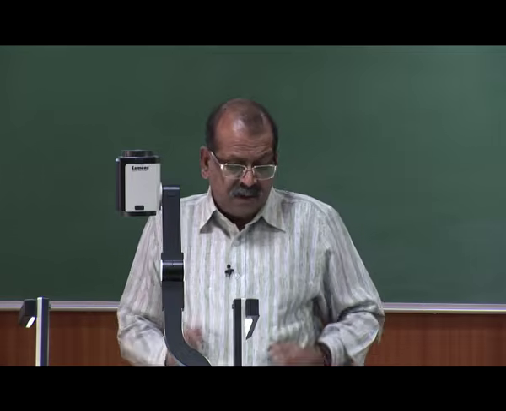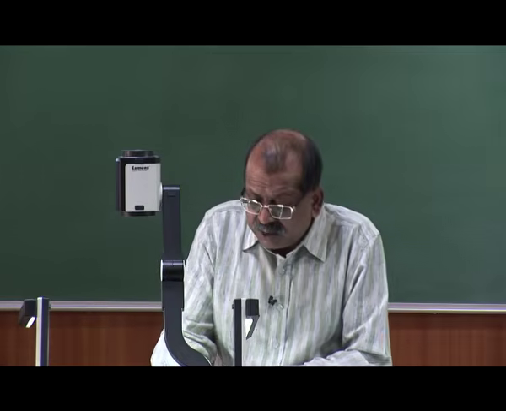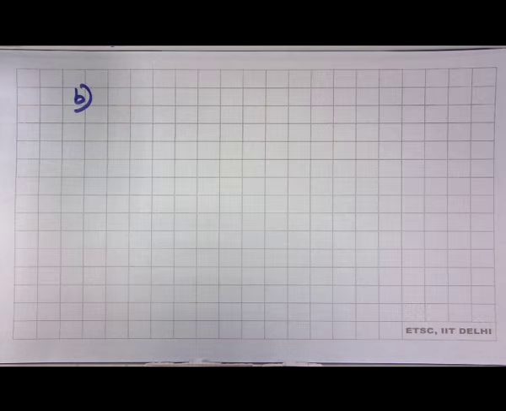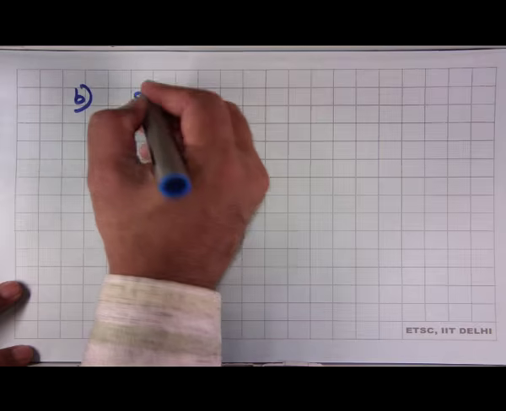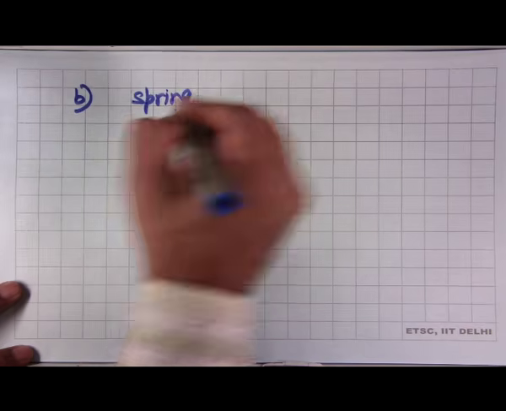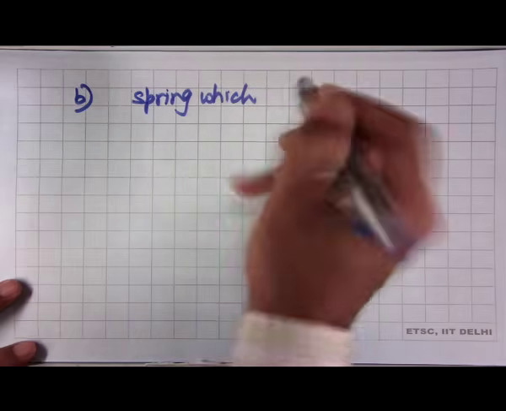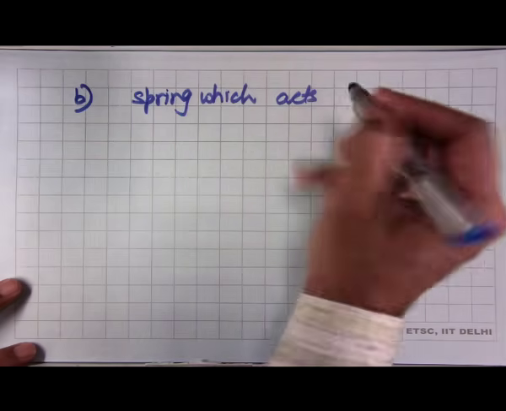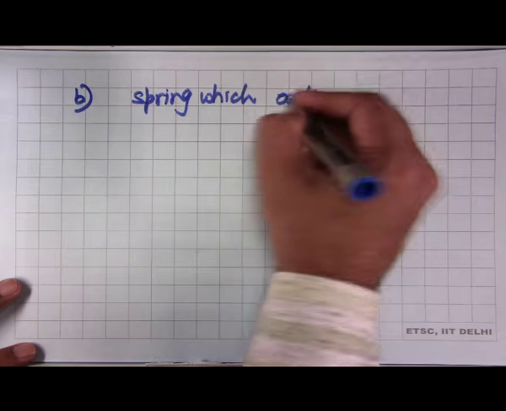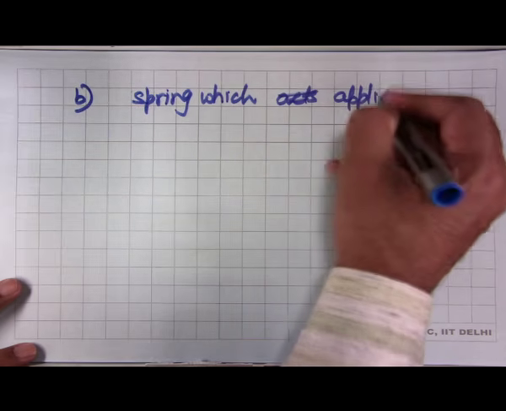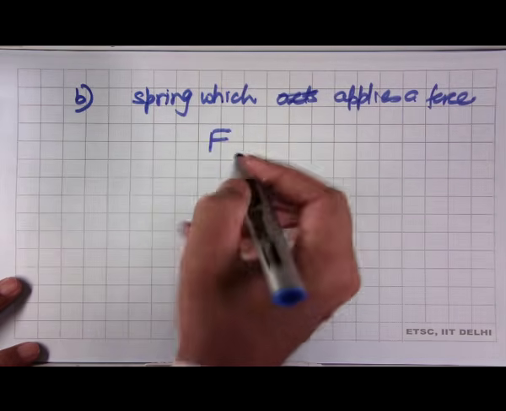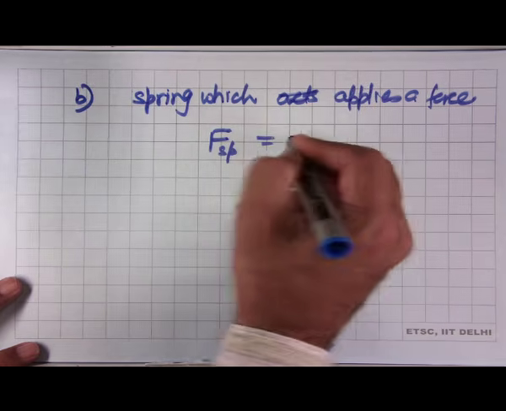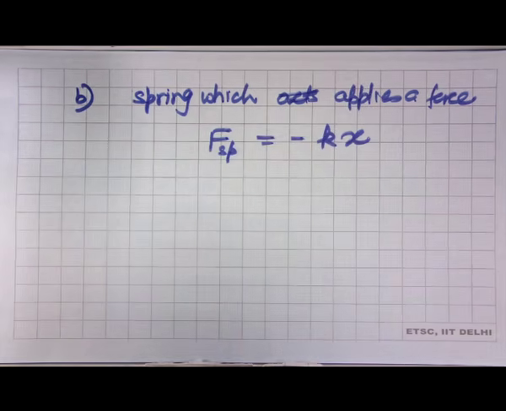The second case of conservative force is when we have a spring which applies a force given by Hooke's law, where the spring force is equal to minus kx.